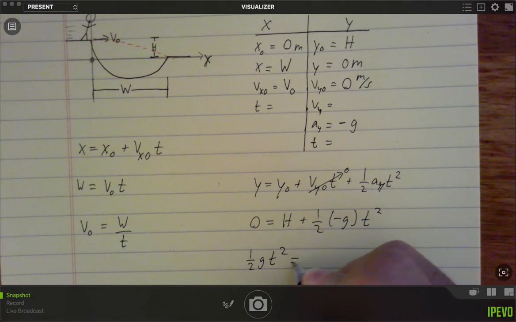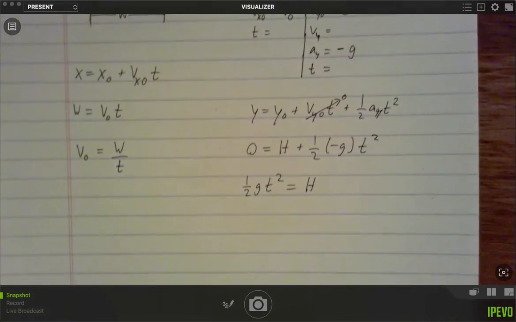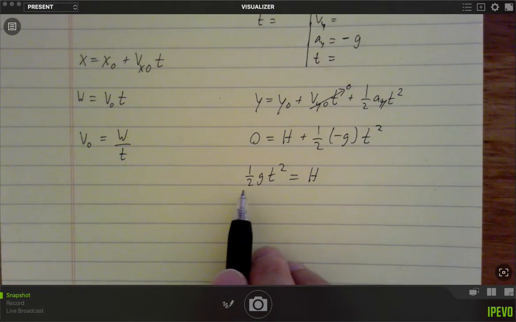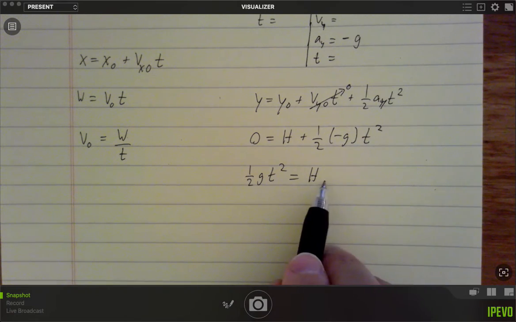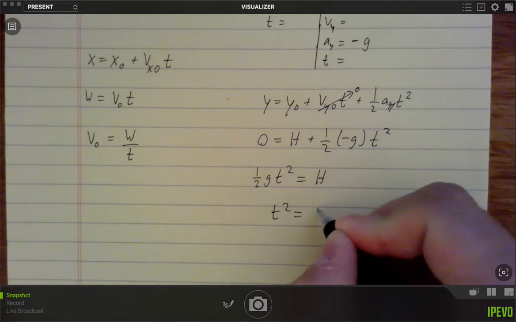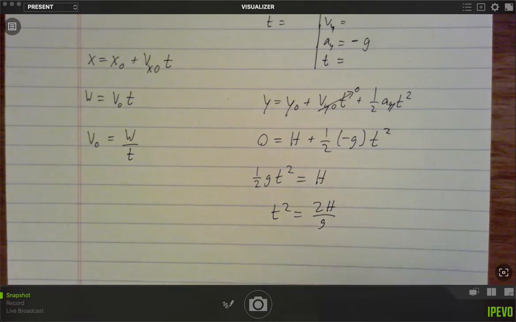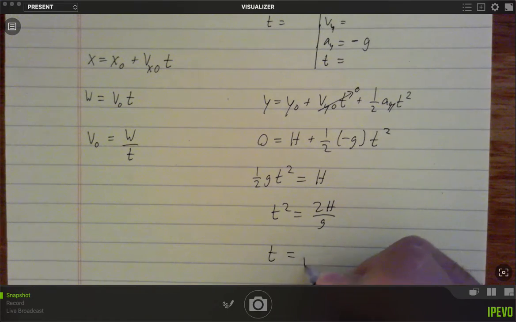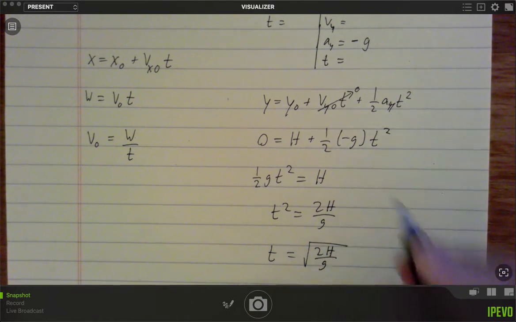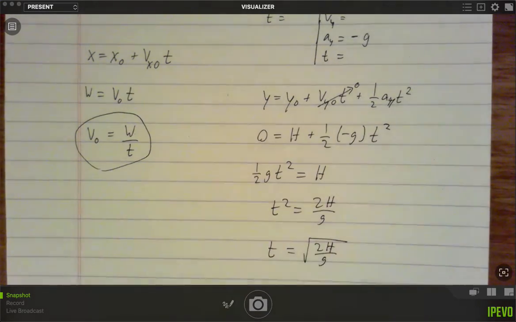g t squared equals h. To do some algebra faster than you might want to write it, I'm going to multiply by 2 and divide by g. I get t squared equals 2h over g, which means that t is equal to the square root of 2h over g. So now I have my expression for V naught.